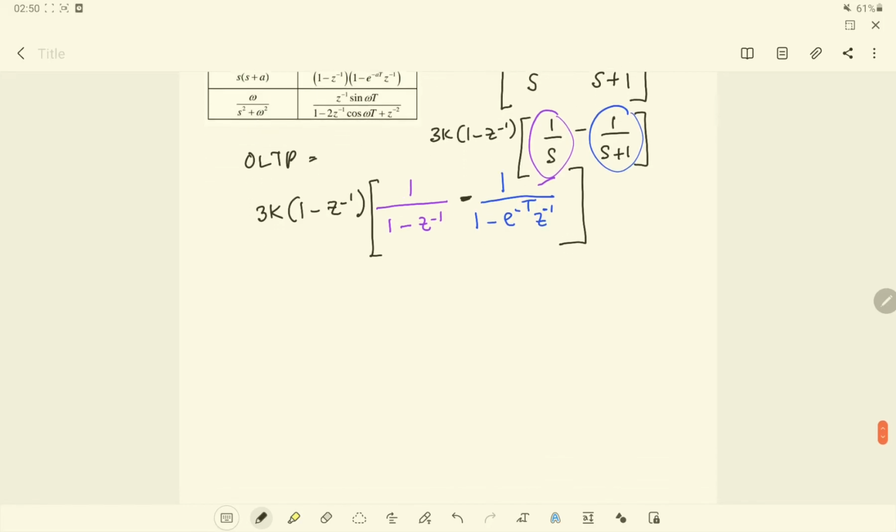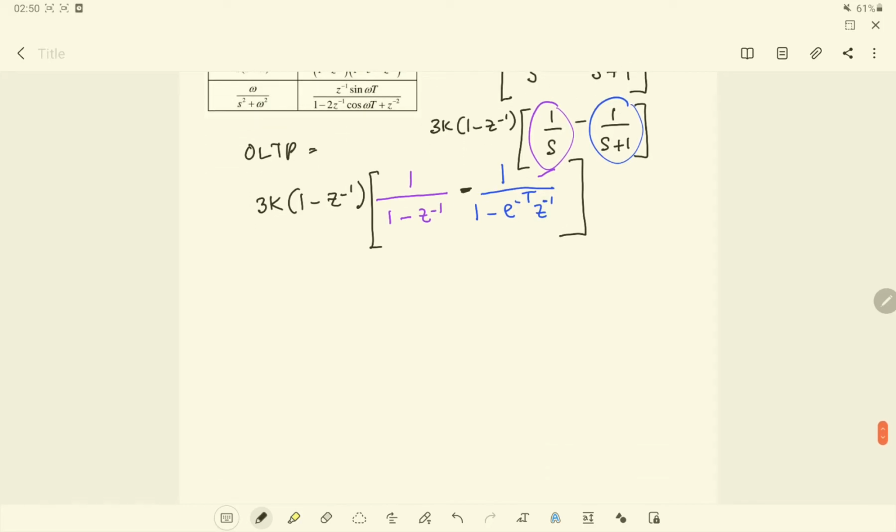Now from here you want to simplify the equation. So we multiply (1 minus z inverse) into the bracket.